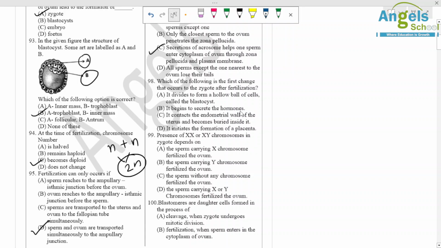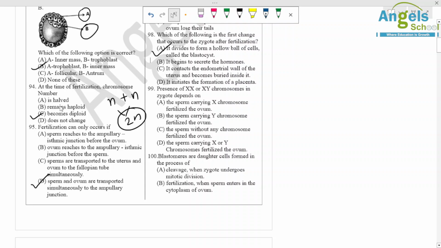It begins to secrete hormone. It contacts the endometrium wall of the uterus and becomes buried inside, and it initiates the formation of placenta. So first of all, it divides and forms a hollow ball of cells known as blastocyst and morula. Okay, so option A is correct.